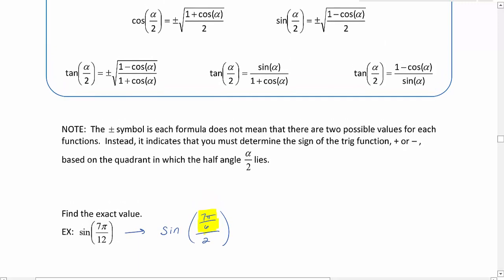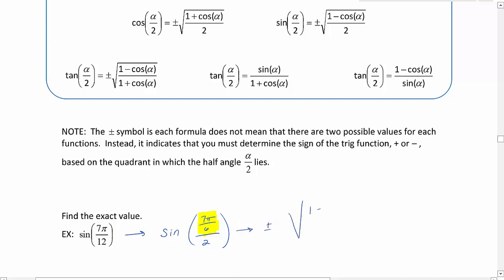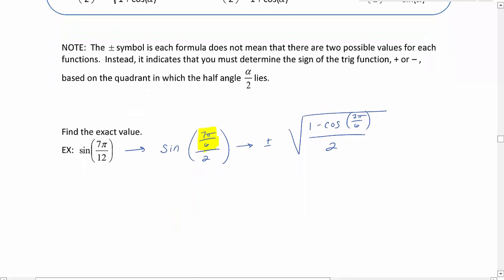So we look up here to our sine formula. This is going to be plus or minus the square root of 1 minus cosine of 7 pi over 6, all that divided by 2. So let's think about whether we're going to want the plus or the minus.